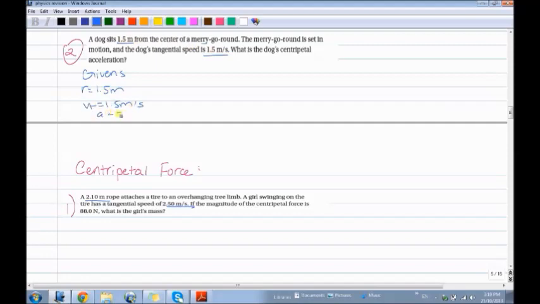And we have to find the AC. Now, AC equals Vt squared over R. Vt squared is 1.5 squared over 1.5. So it's going to be 2.25 over 1.5, which is 1.5 meters per second squared, which is the AC.